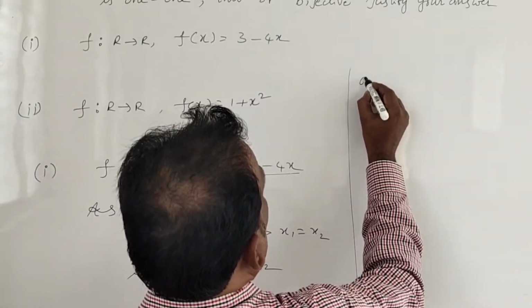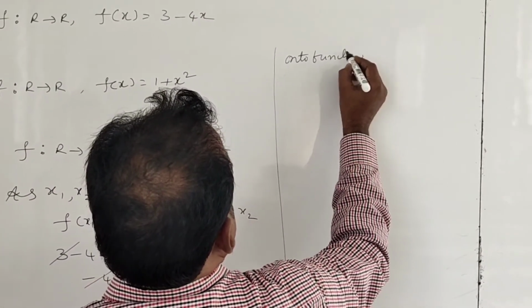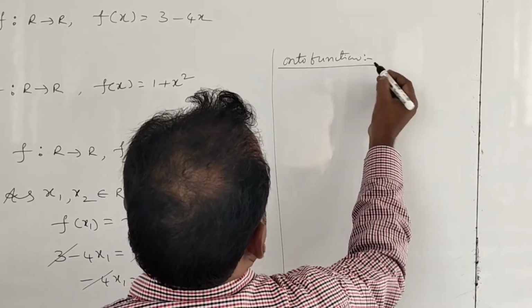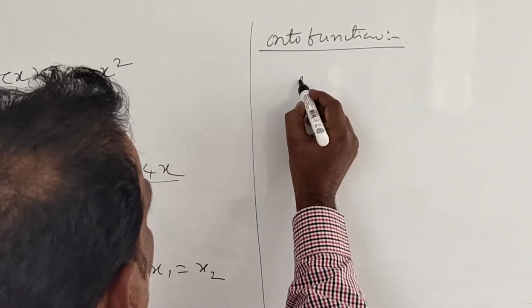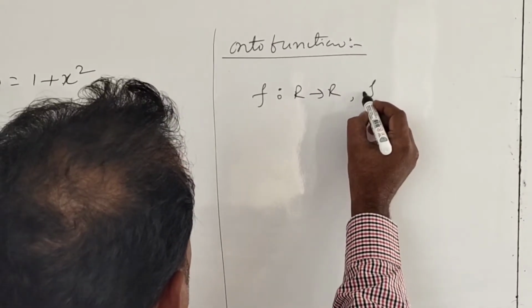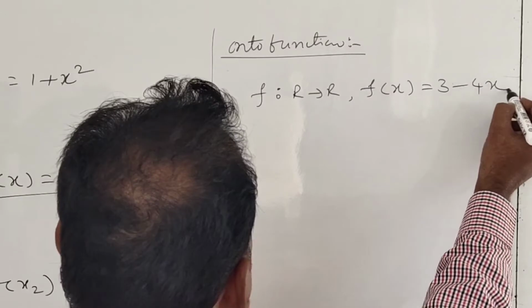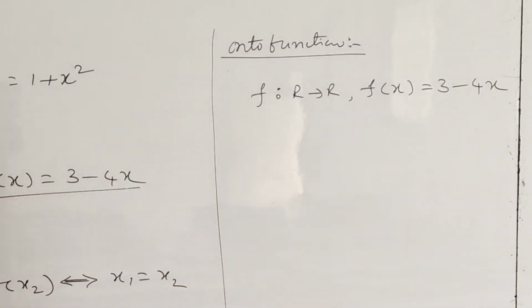Now, we will check the onto function. Checking whether f is onto. f is a mapping from R to R defined by f of x is equal to 3 minus 4x. Till now, we didn't use the mathematical definition of onto function. What is the mathematical definition of onto function?